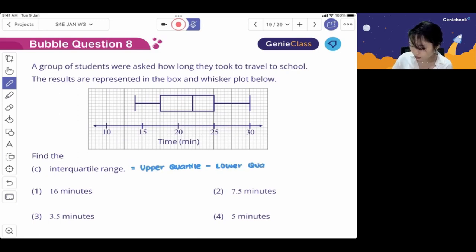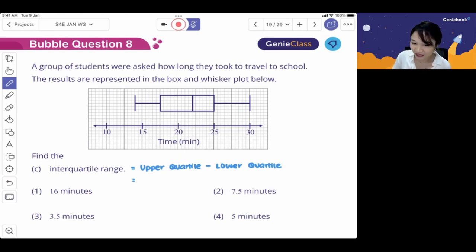So what are these two values? You need to find these two values before you can calculate your interquartile range. Time's up. That was very fast.